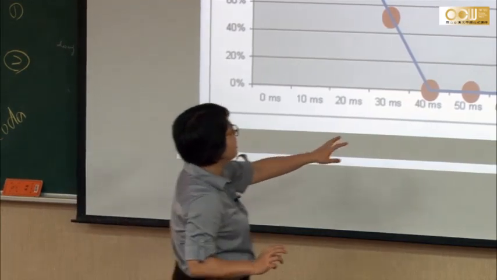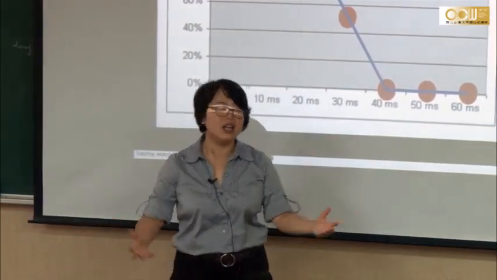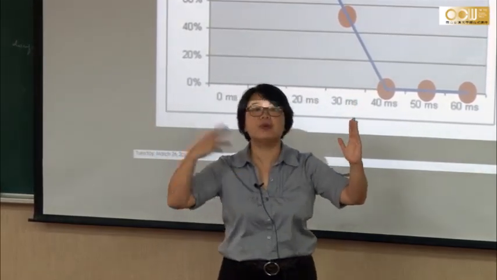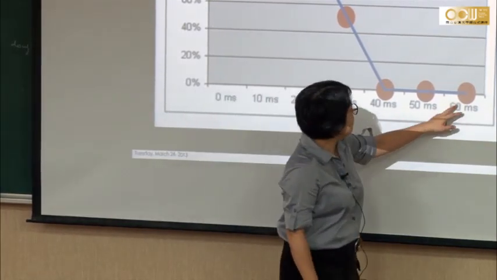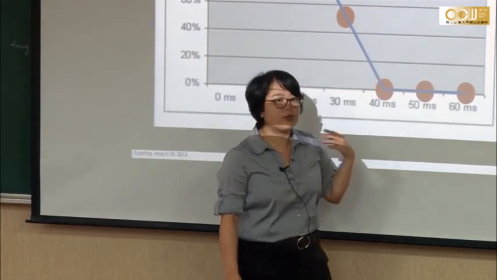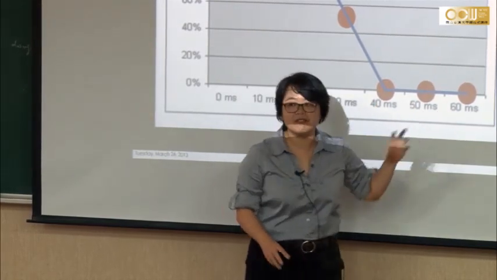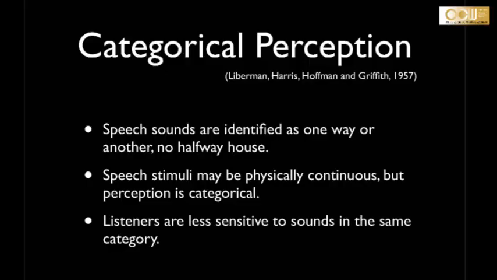And then for these, some of them are much more typical pa with a longer VOT. Remember, if you have a long lag, you perceive it as an aspirated pa, right? But it looks like you are willing to tolerate the differences between 40, 50, and 60. You perceive them as pa.